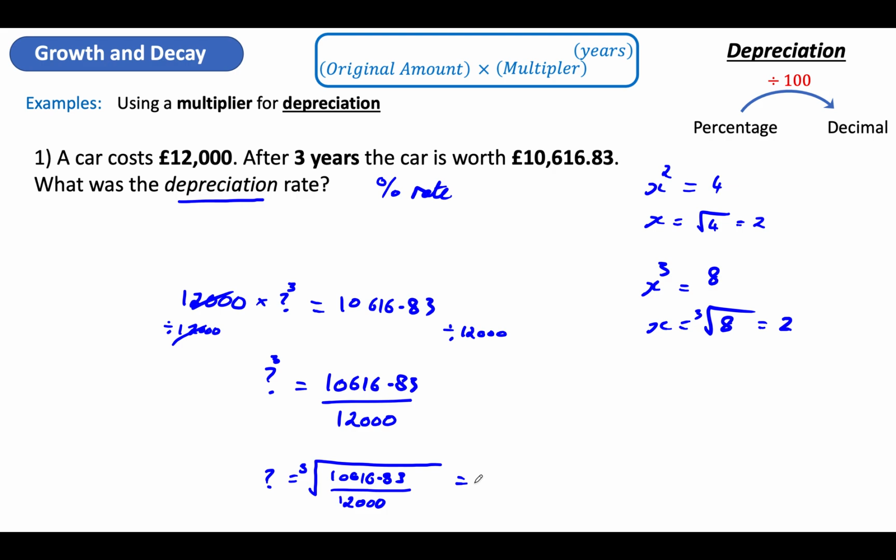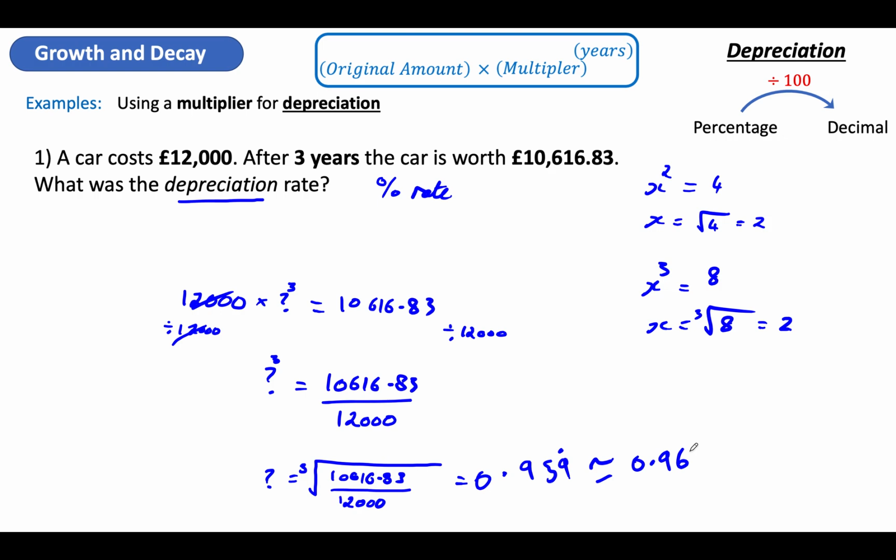Let's do the cube root of £10,616.83 divided by the 12,000. You can try it on your calculator too. And that equals 0.95, and it's 9 recurring. Now that is roughly equal to, it's pretty much bang on, 0.96.